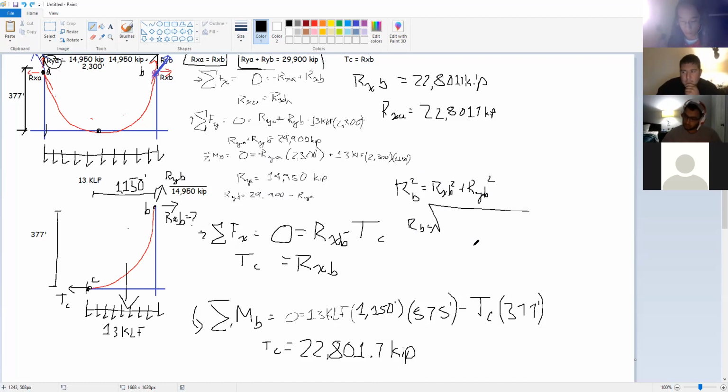So we're going to take the square root of, I'm not even going to write this out because we're almost there, and my batteries are low on my headphones. So square root of RXB, which is 22,801 squared, plus RYB, which is 14,950 squared.